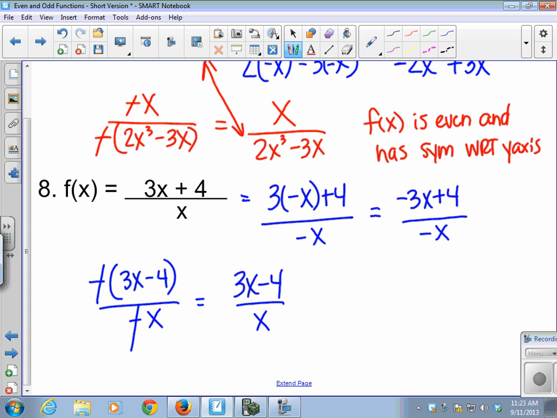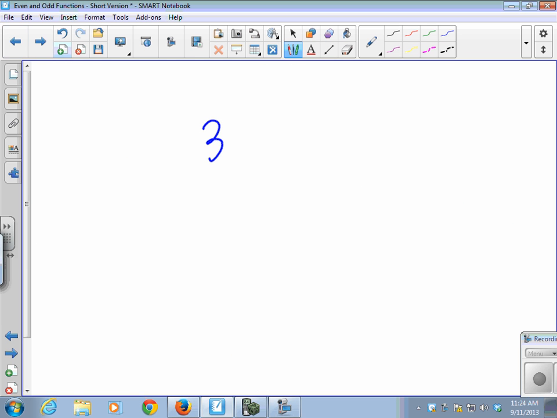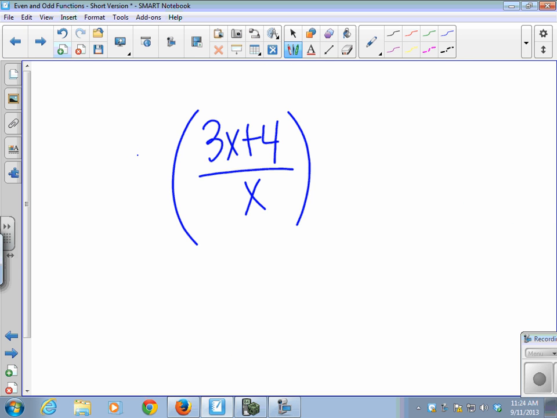Now, a lot of people think that's the opposite of what we started with. But think about what the opposite of what you started with would actually be. Okay, so I'm going to take this function, 3x plus 4 over x. And if I had the opposite, I would have to be able to write it like that. Now again, if I were to work that out, remember that negative only gets distributed to the top.